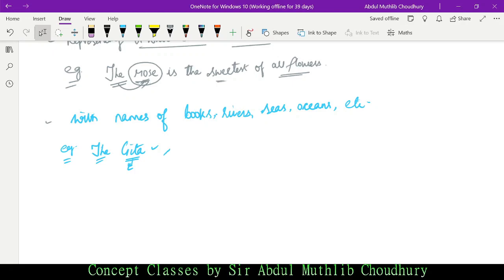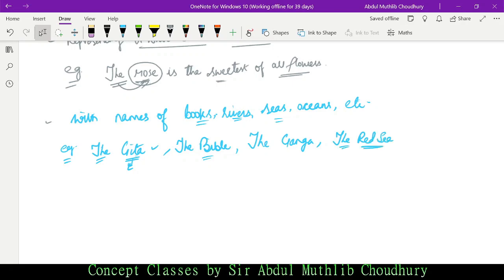Or you can say another holy book, the Bible. The Ganga, rivers. Books I've taken: Bible, Gita. Then suppose sea, the Red Sea.